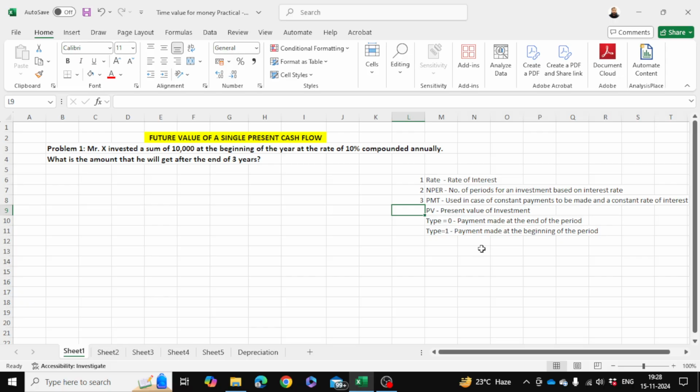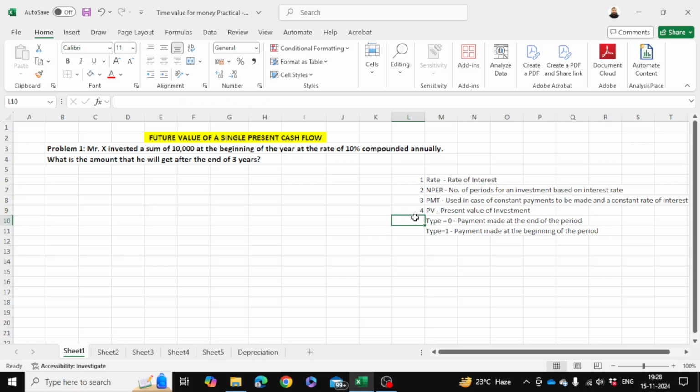Third term is PMT, which is used in case of constant payment to be made and a constant rate of interest. So you take PMT whenever constant payments are made or need to be calculated. Fourth terminology is the present value of investment, what you have invested.